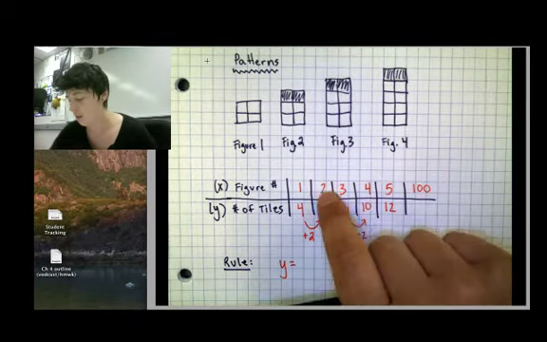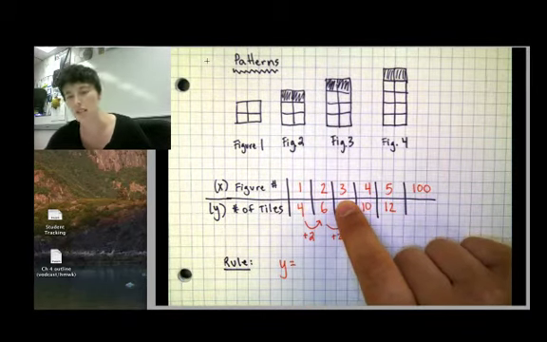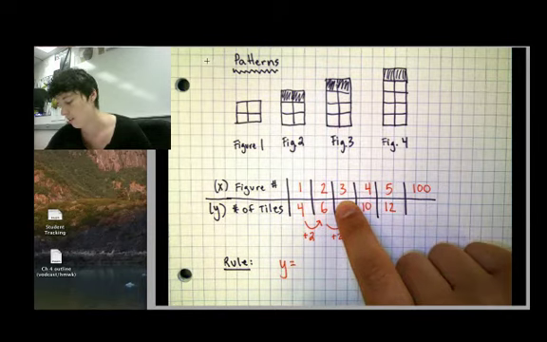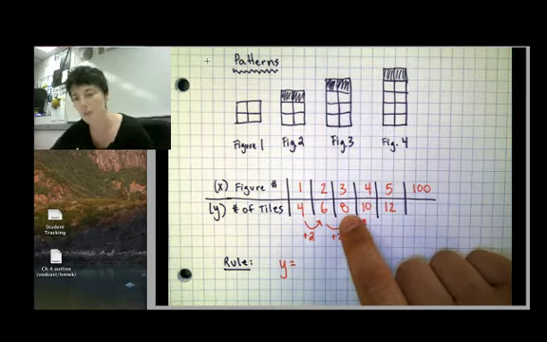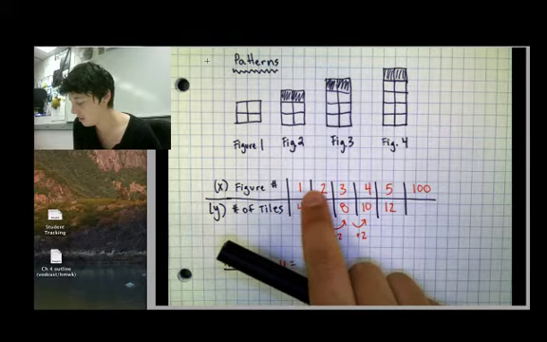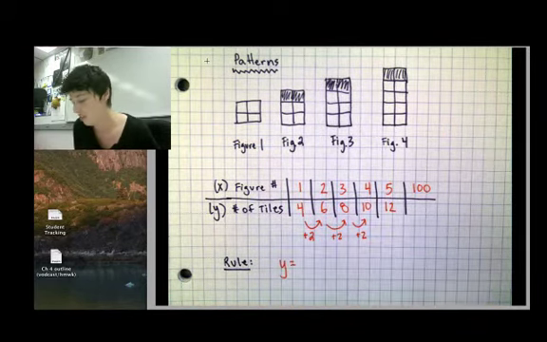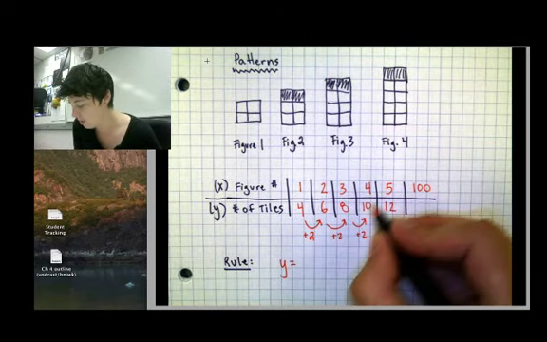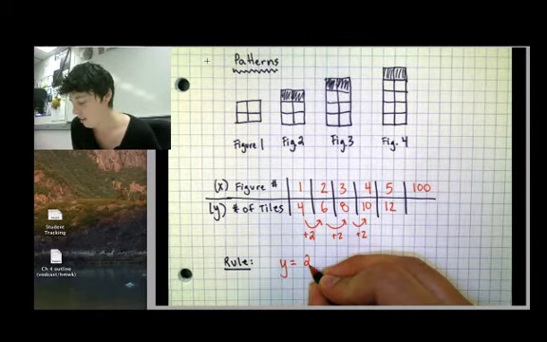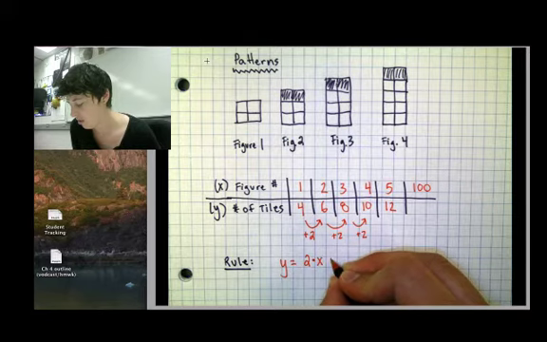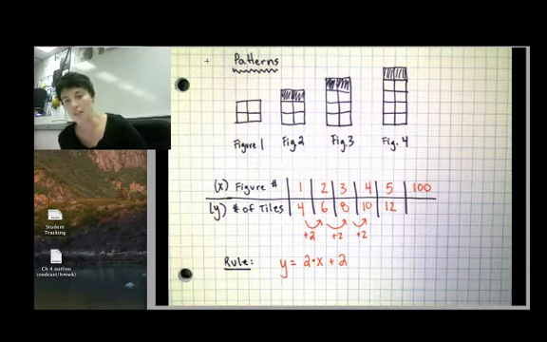If I do 2 times 3, 2 times 3 is 6. Plus 2 is 8. That's my rule. If I times these numbers by 2 and then add 2, I get my answer. So if I take the x numbers and do 2 times x plus 2, I get my answer.